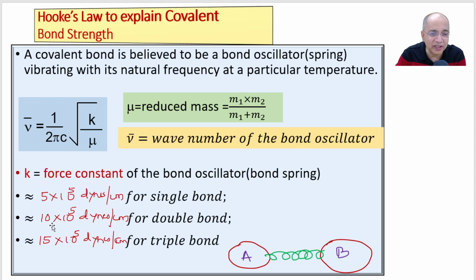So also 10, 10.2, 10.3, and 15, 15.2, 15.3. So approximately, a double bond is twice and a triple bond is thrice that of a single bond. We shall often use this to explain, but never use it in your examination or talk to anybody about this, right?